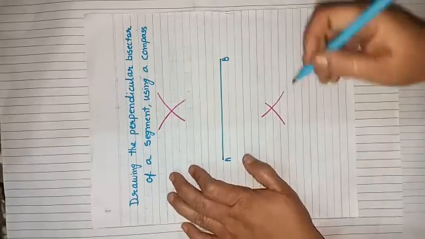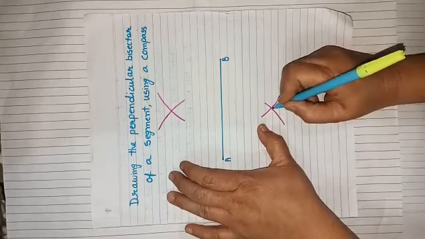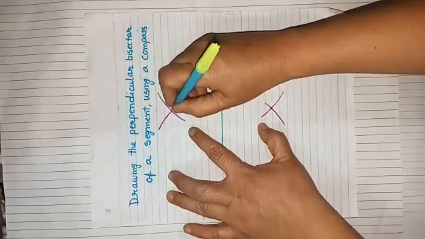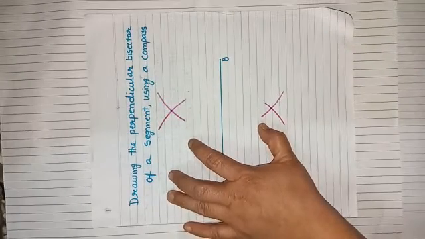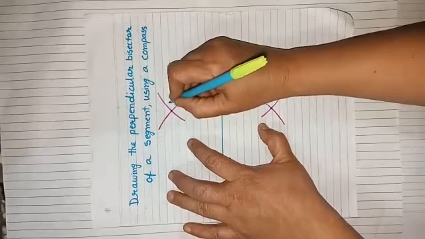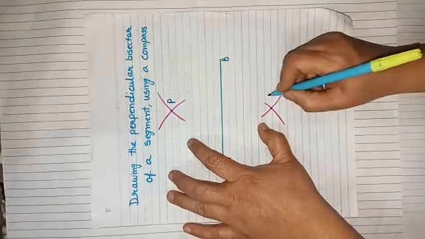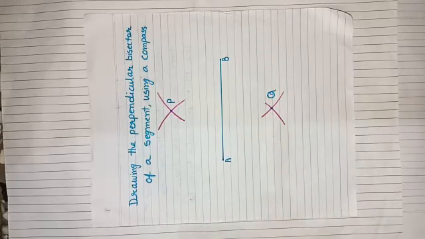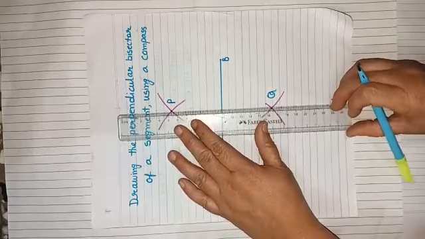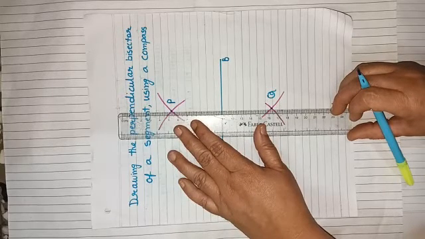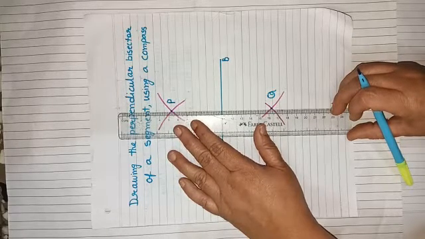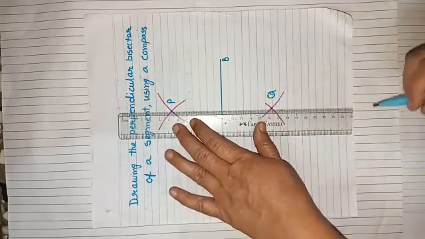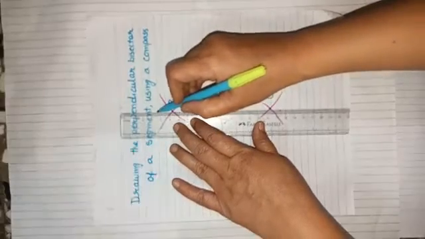Now students, you have to mark the points of intersection of these two arcs, and name these two points as P and Q. Now students, with the help of a ruler, you have to draw one line that passes through points P and Q and intersects the given line segment AB in one point.